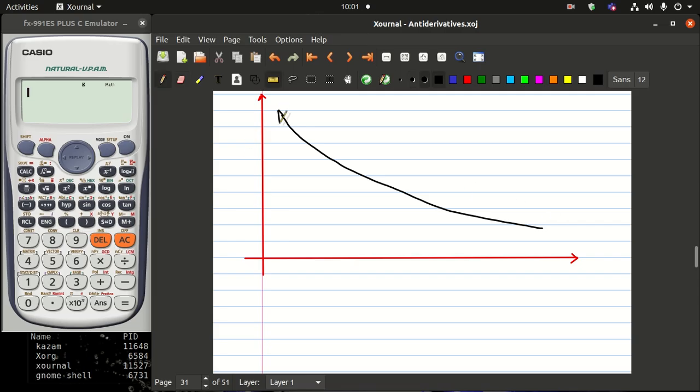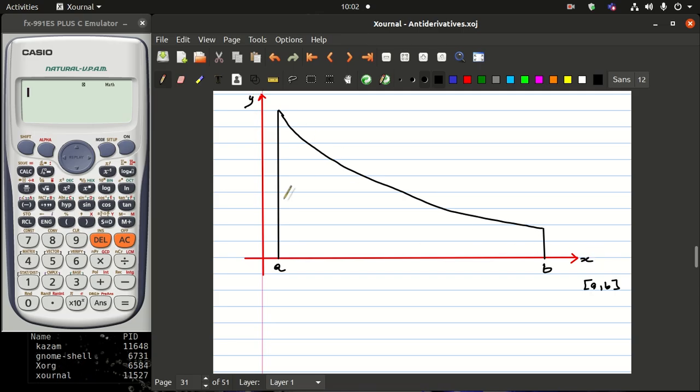So this point down there and this point down there, I'm going to call them something. Let's say this point I'm going to call point A, and this one point B, because I want an interval moving from A to B along the x-axis. So my x is somewhere here.